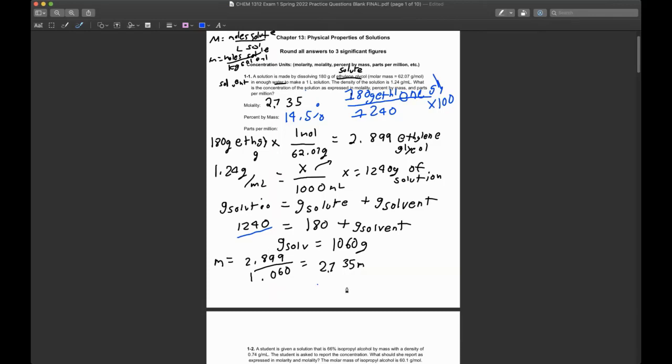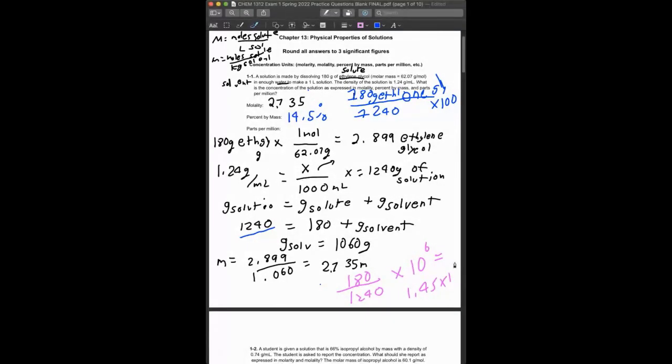Okay, cool. So let's talk about the parts per million. So parts per million is essentially the same part over here, like this percent by mass, times per million means 10 to the power of 6. And when we solve that, we get 1.45 times 10 to the power of 5.